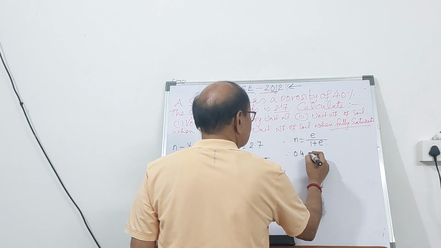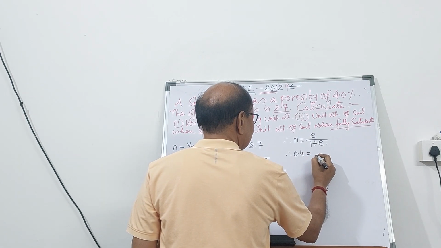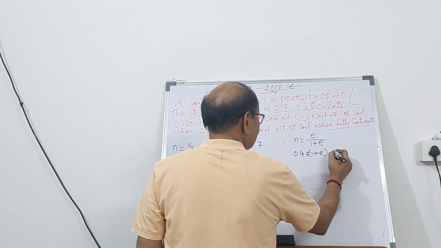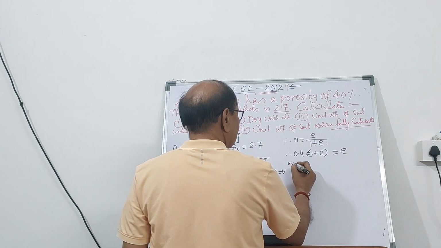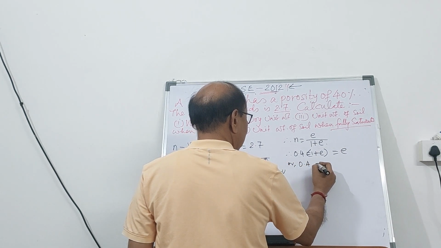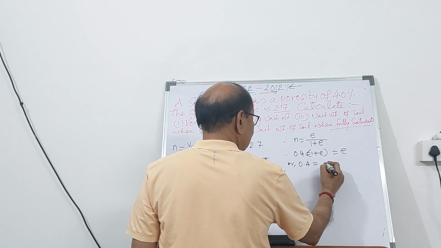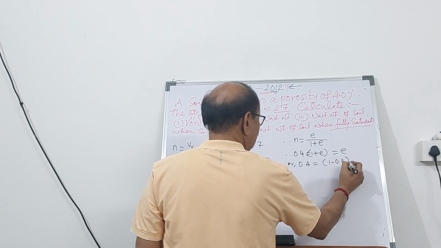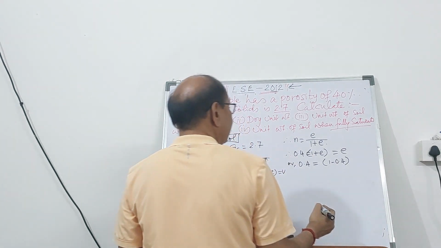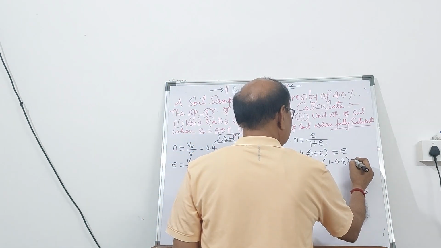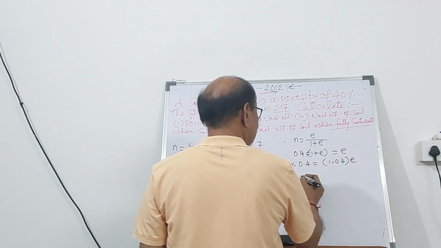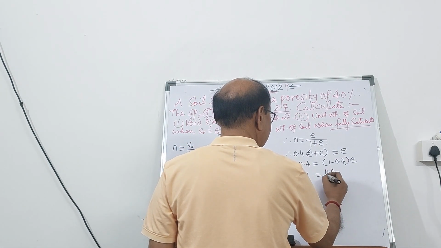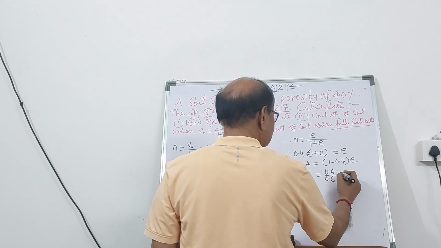0.4, 40%, into 1 plus E equal to E, or 0.4 equal to 1 minus 0.4 times E. Therefore, E equal to 0.4 divided by 0.6.